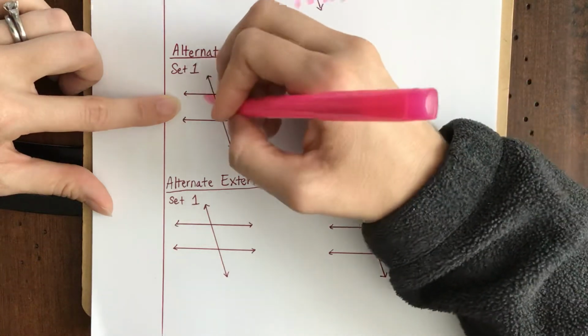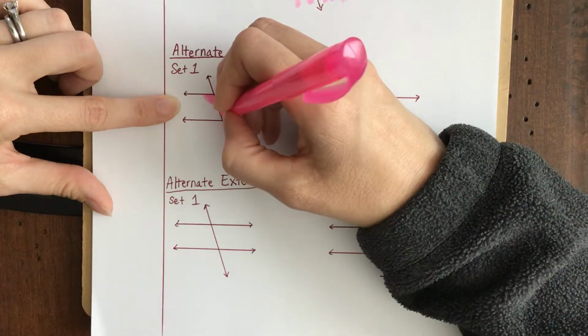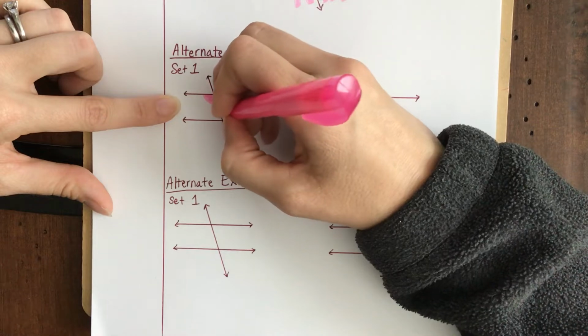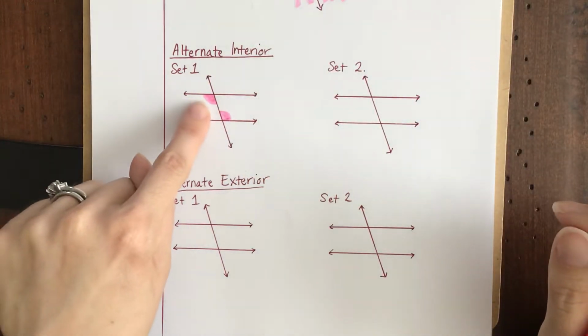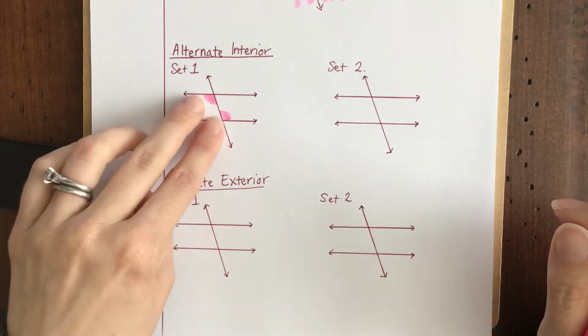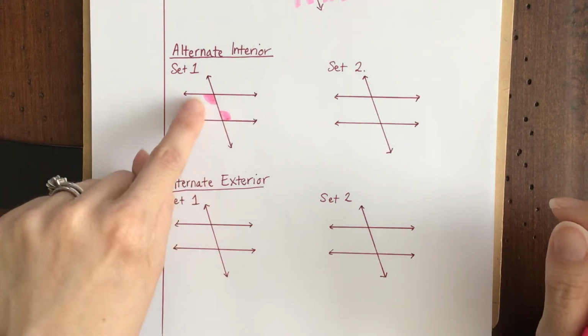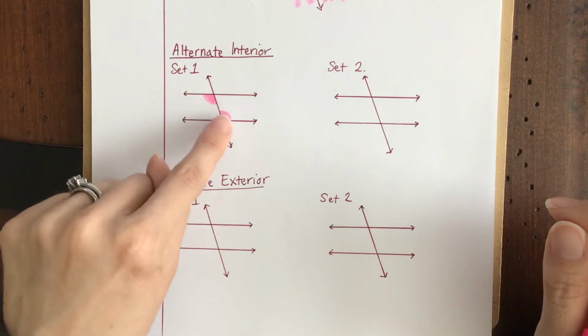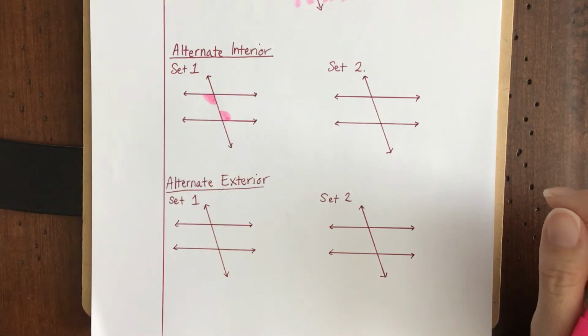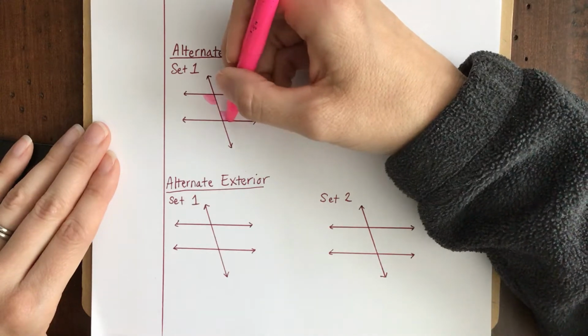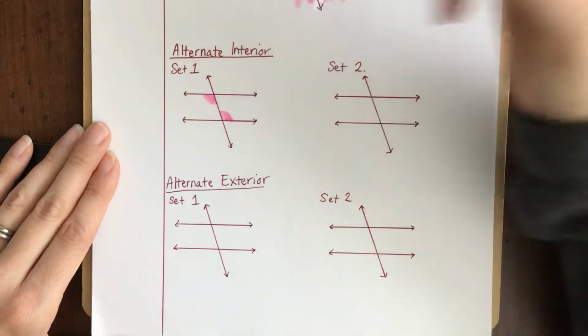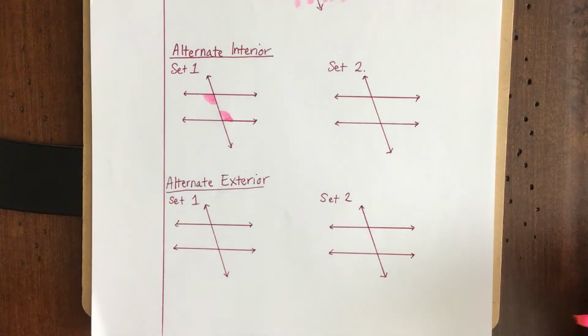So the alternate interior angle for that one is right here. They're both on the inside, so they're interior, and they alternate from this side of the transversal to this side of the transversal. And I'm hoping you can see, after yesterday's lesson, that these two angles are congruent to each other.